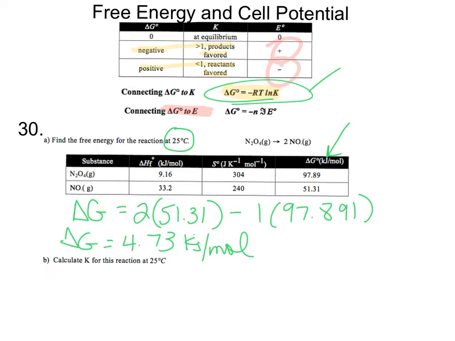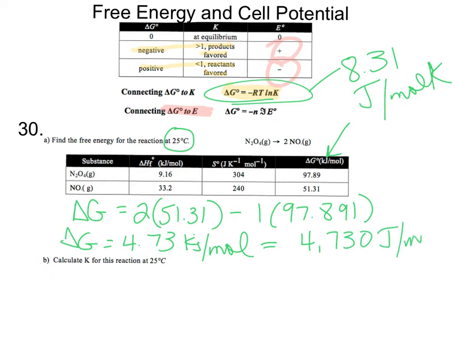But because of that R, which is the energy R of 8.31 joules per mole Kelvin, we have to be in joules. So I'm going to go ahead knowing that's coming and convert this to 4,730 joules per mole, which is going to be a nice little thing. So now when I go and calculate K, delta G is equal to negative RT ln of K. My delta G is 4,730 joules per mole.